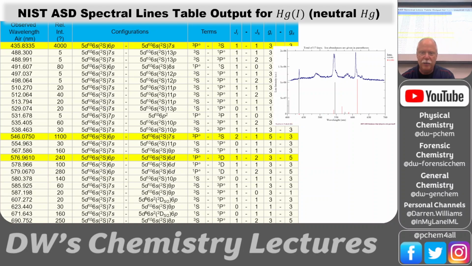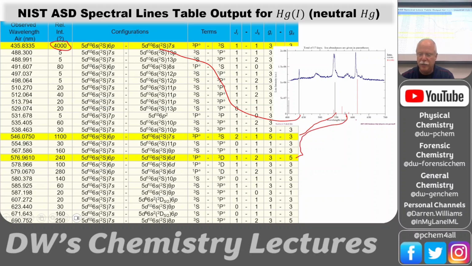That's this one right here. Okay, so that's an intensity of 4,000 relative intensity. Then we have the 546, which is right here, right below 550. And then we have this 576 at 240. And so that's this one right here.